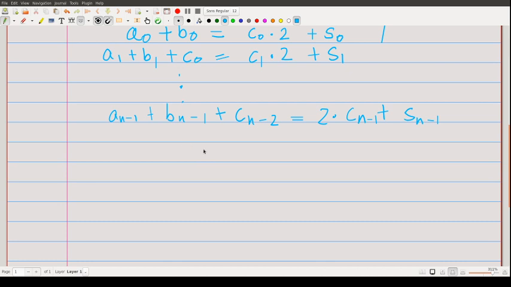And lastly, your last digit s(n) will be this last carry that you have, so c(n-1). And so the sum a plus b will have the digits s(n) down to s0, and this would be your sum.